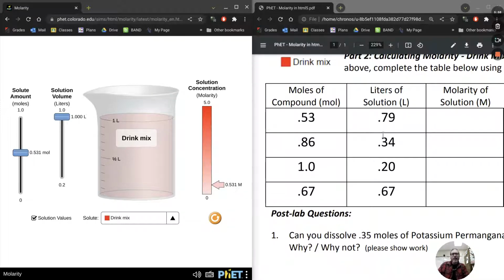And then liters of solution, it wants 0.79, so I'm going to change my liters of solution to 0.79, or as close as I can get to 0.79. I'm not sure if using a touch screen would make this any easier. Trying it right now, and the answer is not really. So get it as close as you can get it.